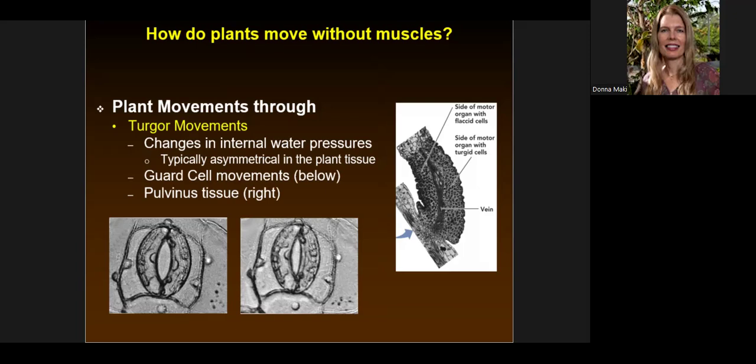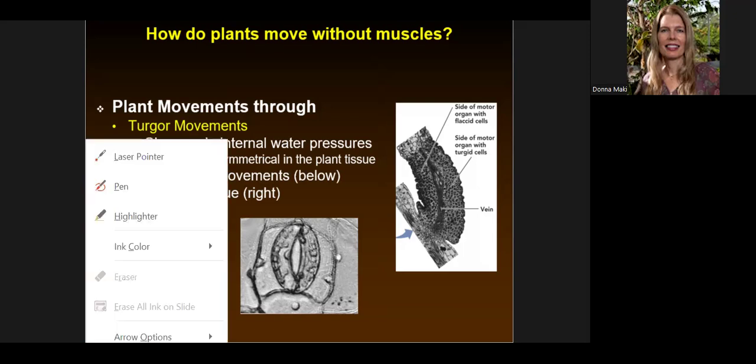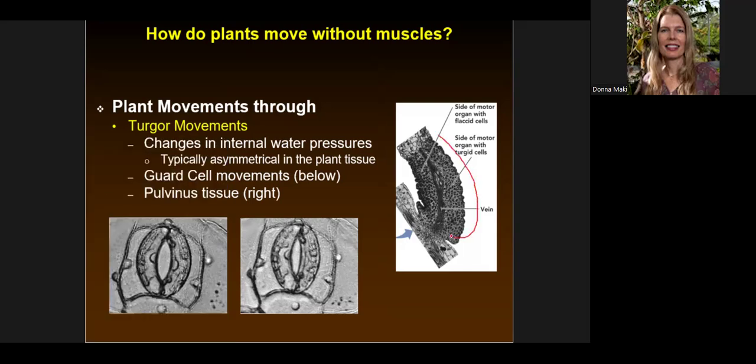It depends. So what we mean by asymmetrical is that you have one side over here, kind of the right side, that has water pressure. Whereas the other side over here has what we call flaccid cells.